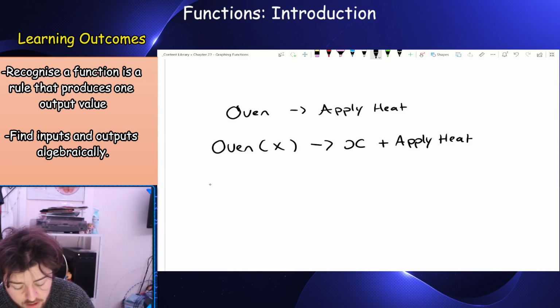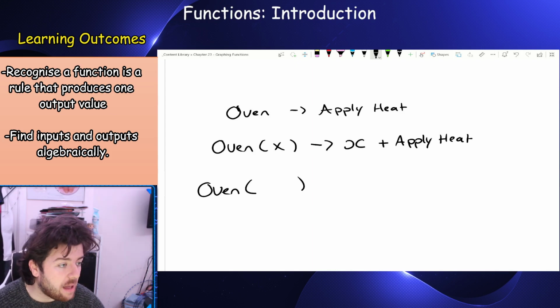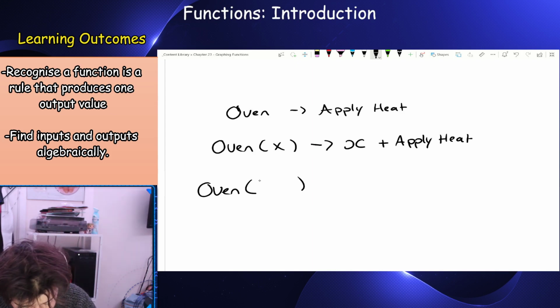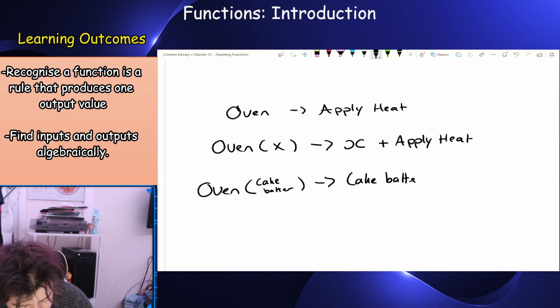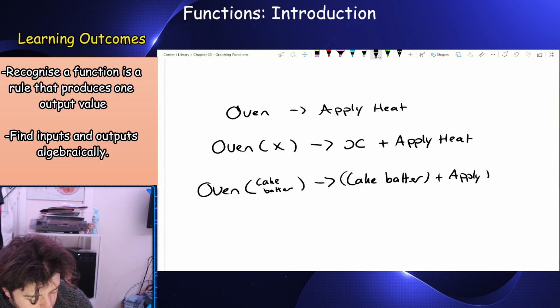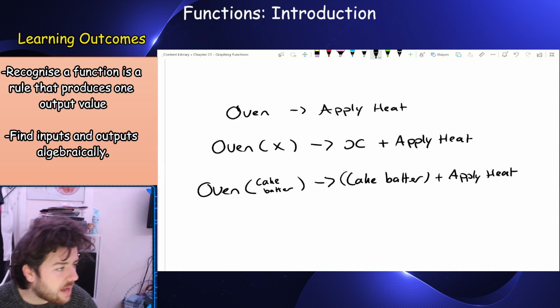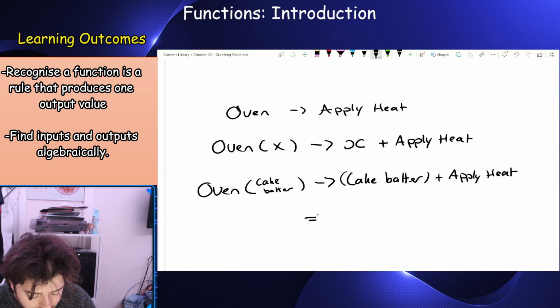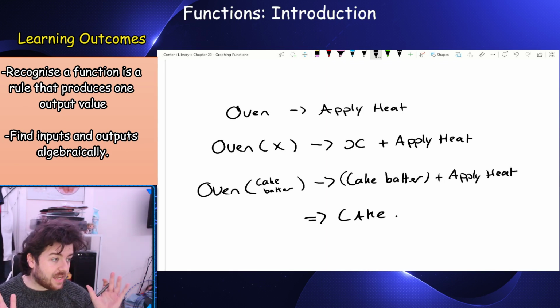For example, say I put in some cake batter. If I apply heat to this cake batter, what's going to happen? I am going to get out a cake. A proper good cake.